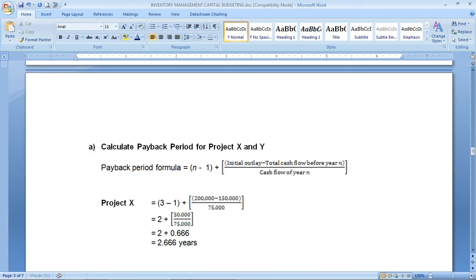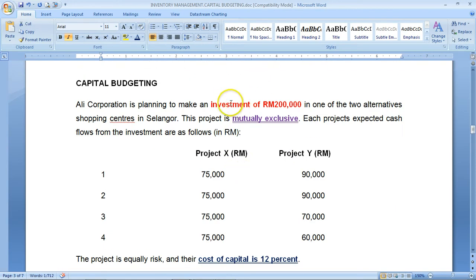N is how long it takes this project to cover your initial investment. What is your initial investment? Yes, correct, it's the initial outlay. How much is it, class? As you can see in the question, your initial investment at the beginning of the period is 200,000.